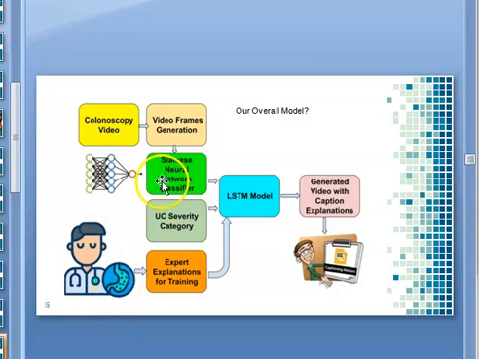This is the model which you are seeing here. It uses a few sampled images to classify frames using the Siamese neural network. This model then passes the categories generated by the Siamese network to train the LSTM model, which will generate a suggested description and caption for the originally provided video.